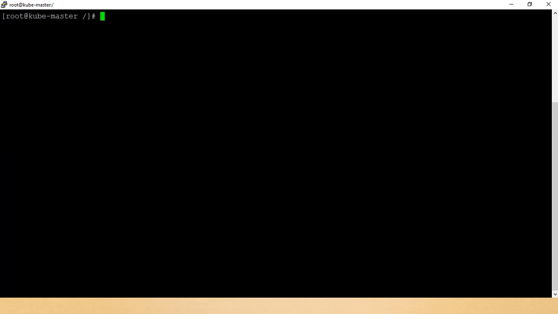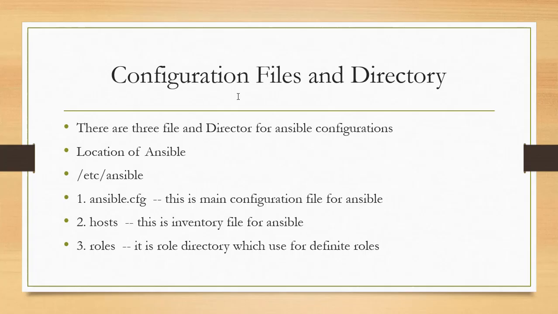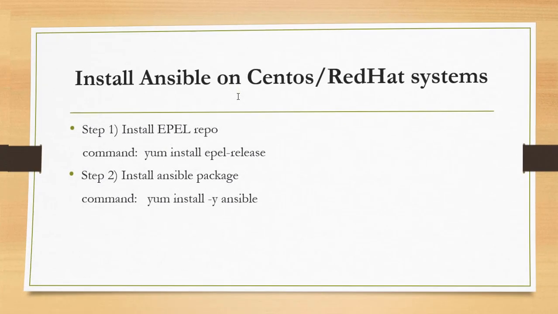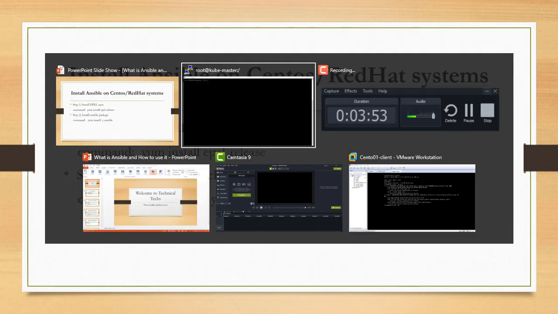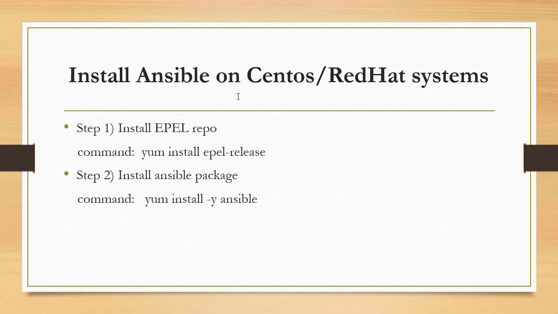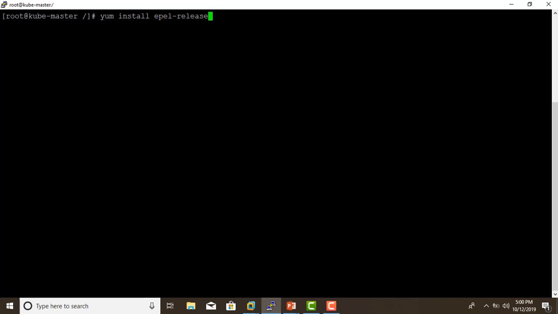So the first practice, as we said, is to install Ansible. What we need to do first is install epel-release: yum install epel-release. I'm sure all of you know what EPEL is.